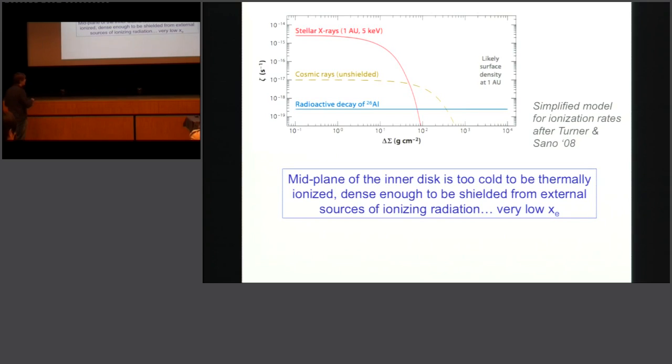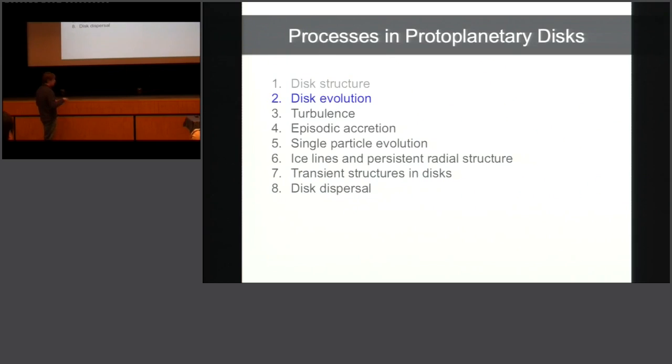So this region will have a very low ionization fraction, and as we'll argue tomorrow, that probably means that it doesn't interact strongly with magnetic fields in that region of the disk. So we'll go on and discuss more about the consequences of that low ionization fraction tomorrow.